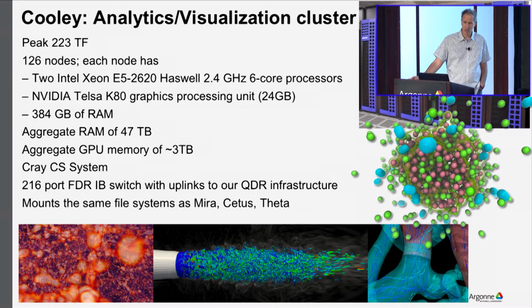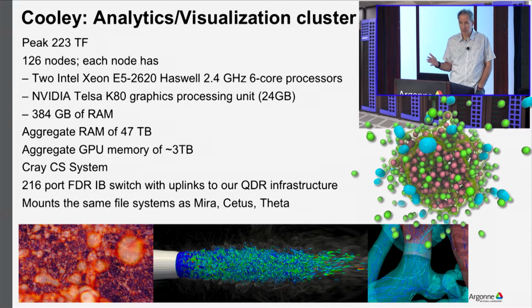Each node has 384 gigs of RAM and an NVIDIA, a little bit older video card by now, but still decent, the K80s, with 24 gigs of texture memory. And one of the critical parts about the system is that it shares a file system with Mira and Theta, which are our two primary compute resources.